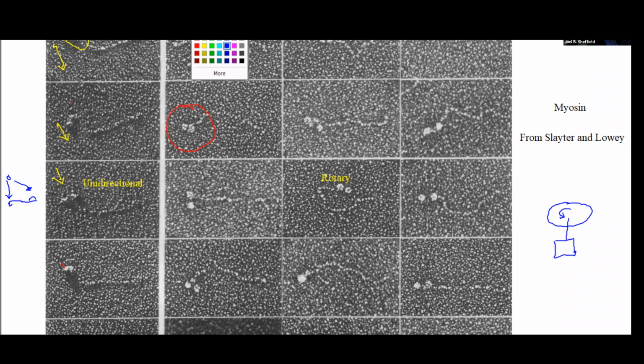And while it rotates, remember I've got grids on here with my samples. And while it rotates, I have my electrode over here releasing shadowing material at a low angle.